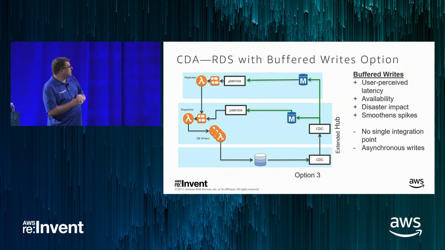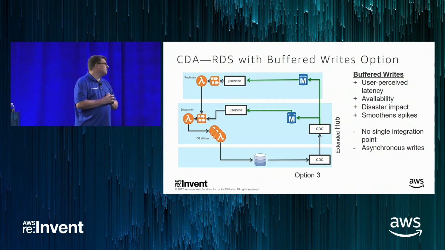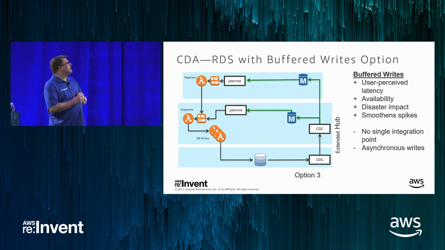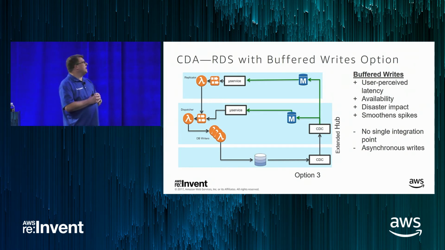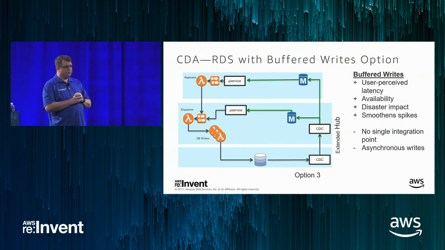With the buffered writes option, the microservice writes to a streaming data platform located in the same geographic region. It uses the business event when it writes that message, and the business event is propagated down to the extended hub, which makes the write to the DB2 database. The user perceived latency as a result is very low.